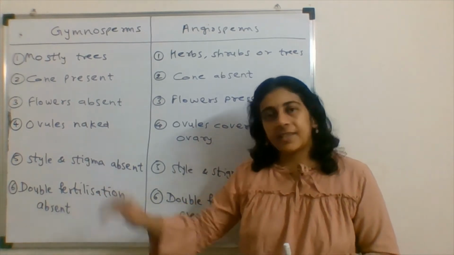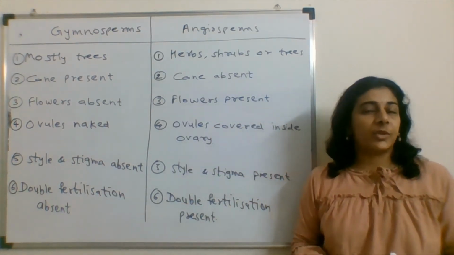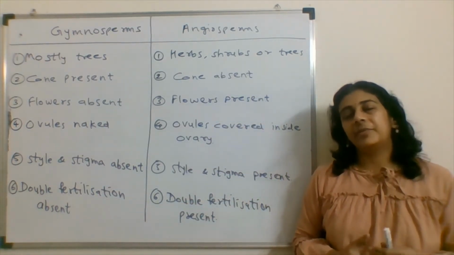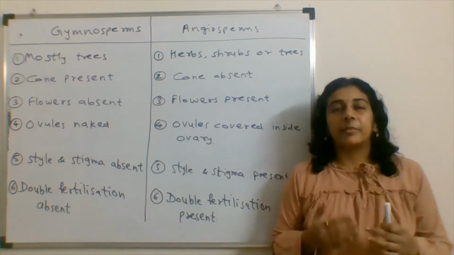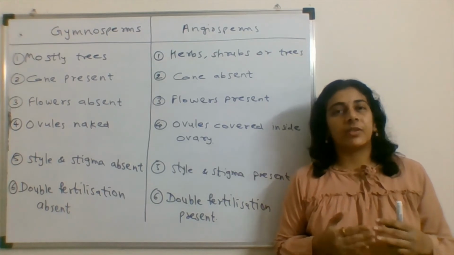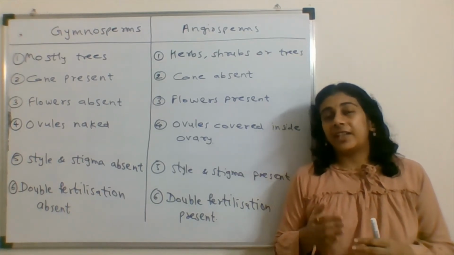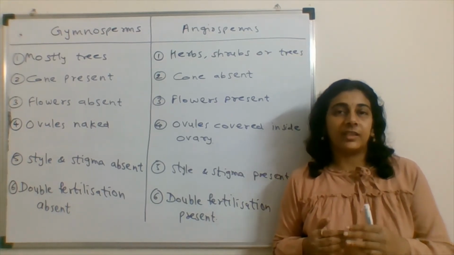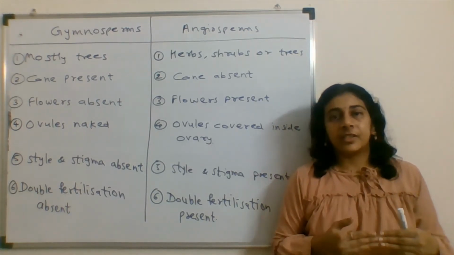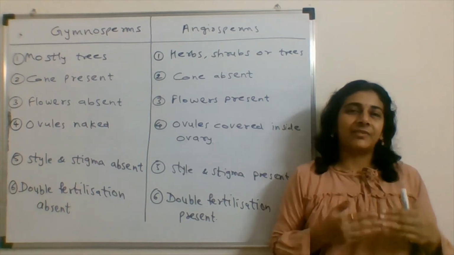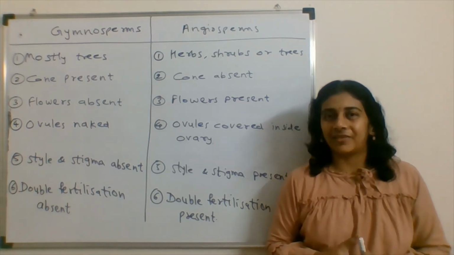Double fertilization is absent in gymnosperms and present in angiosperms. If we remember the evolutionary sequence of the plants, initially bryophytes were there, then pteridophytes developed, then gymnosperms, and after that angiosperms.